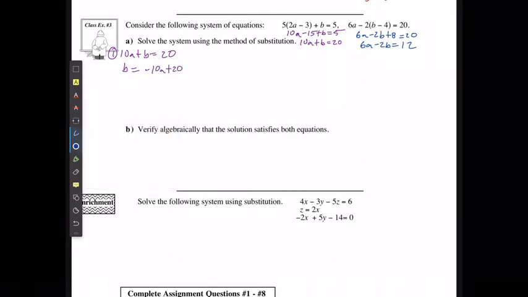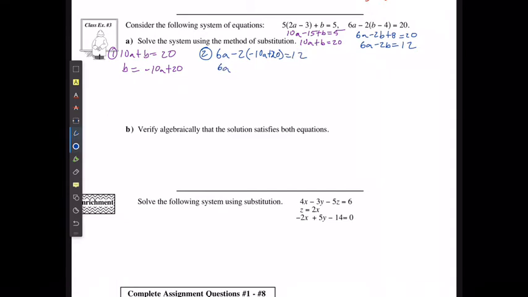I go to equation 2, and if I have 6a minus 2b, well, it's going to be minus 2 times negative 10a plus 20 is equal to 12.